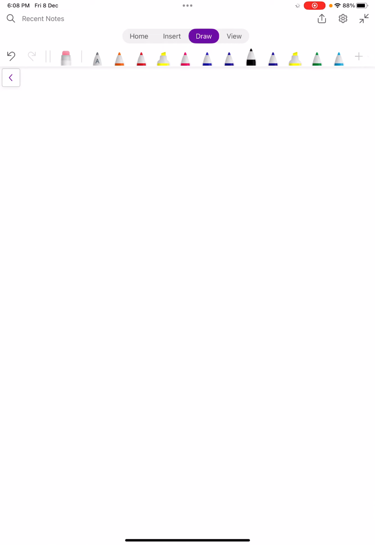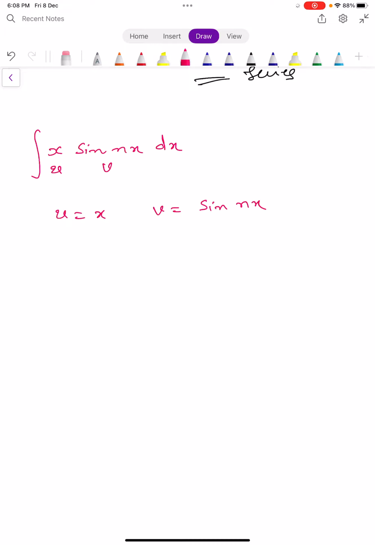Before closing the video, I can explain one more time the integration by parts. Integral x sin nx dx is in the form of integral uv dx. U is equal to x, v is equal to sin nx.